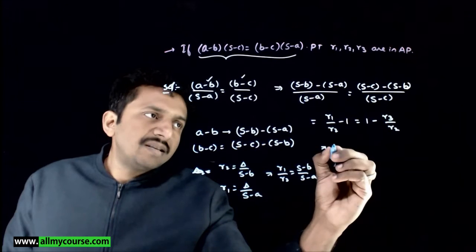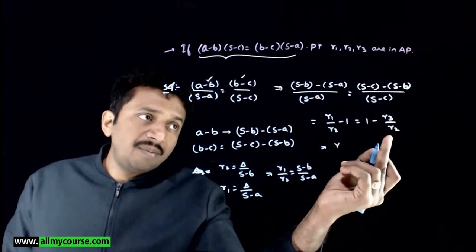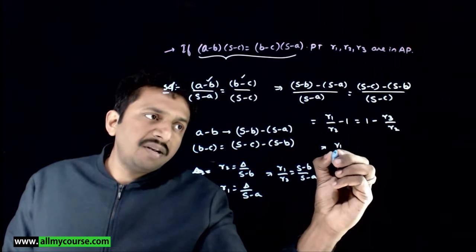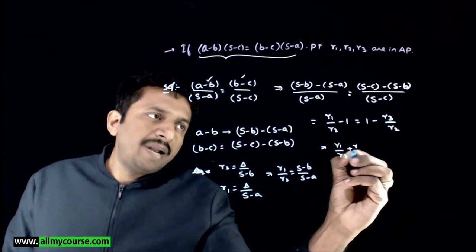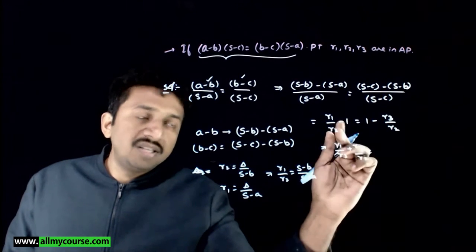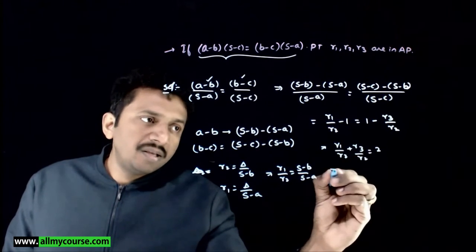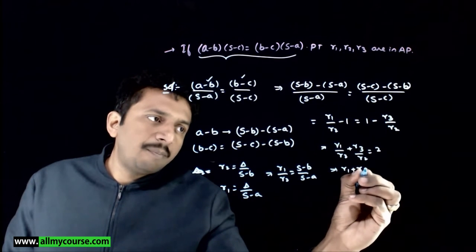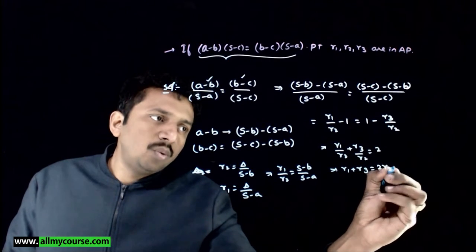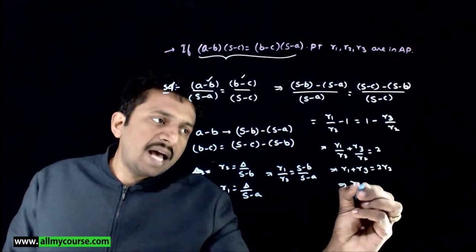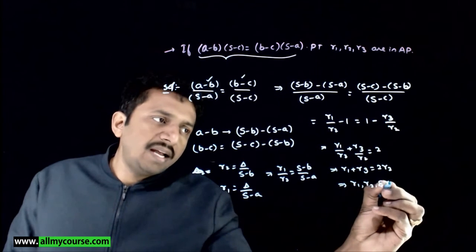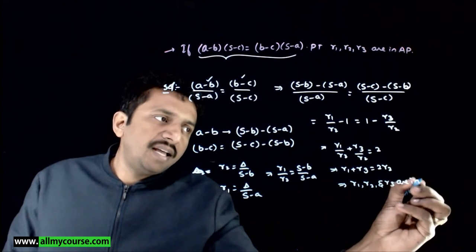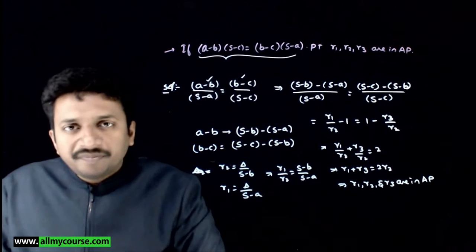So this implies if R3 by R2 comes on this side, R1 by R2 plus R3 by R2 is equal to 1 plus 1 is 2. This implies R1 plus R3 is equal to 2R2. This implies R1, R2 and R3 are in arithmetic progression.